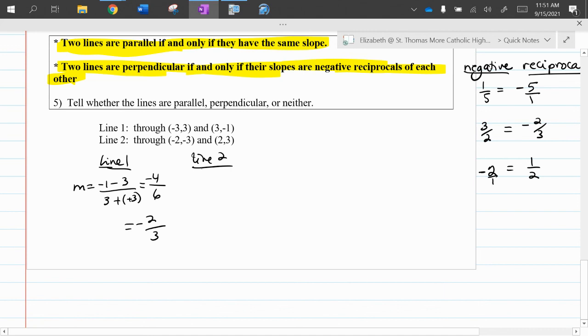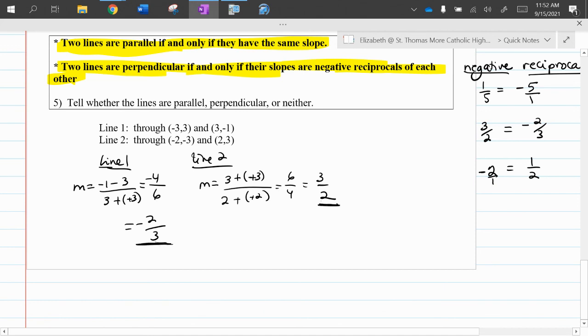So let's see about line 2. The slope of line 2 is y2 minus y1 divided by x2 minus x1. Minus a negative becomes plus, so we get 6 over 4, which is positive 3 over 2. So line 1 has a slope of negative 2 over 3.